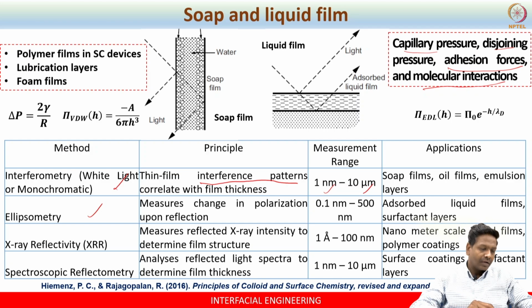Then comes the X-ray reflectivity. In X-ray reflectivity, the reflected X-ray intensity obeys the Fresnel law. The Fresnel law describes how light reflects or transmits when it passes through an interface with two optical media, especially a liquid-solid or liquid-gas interface system.